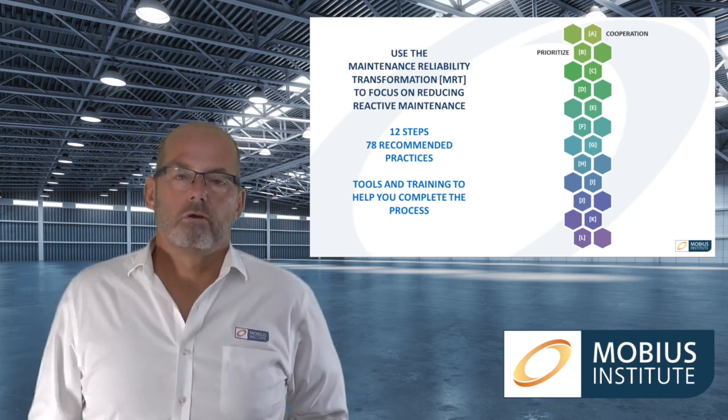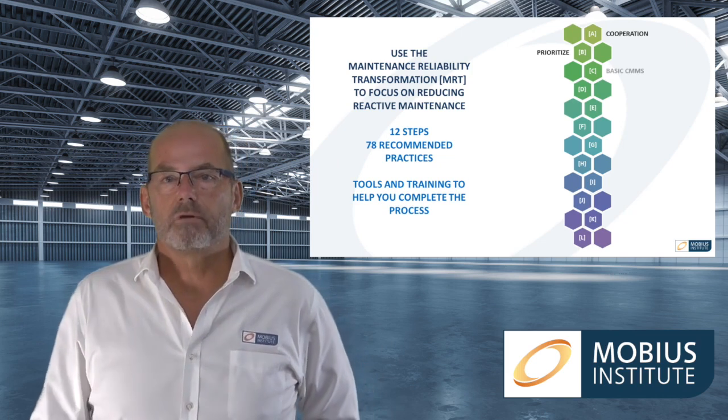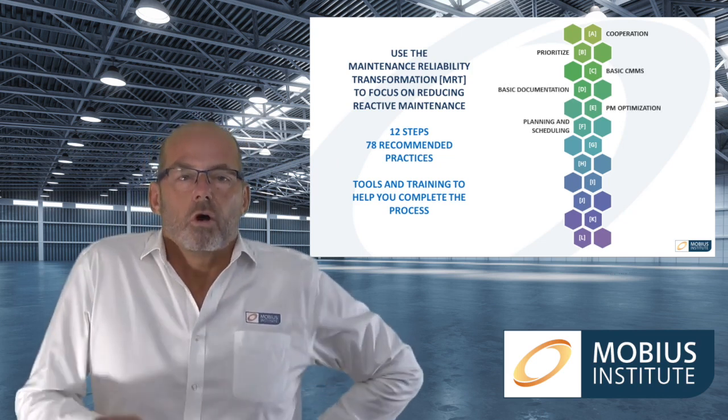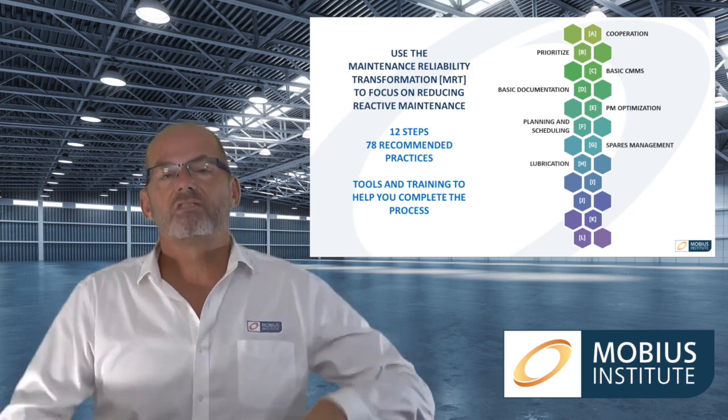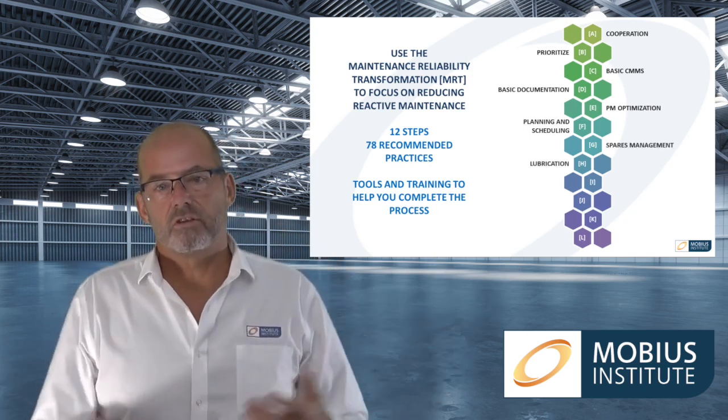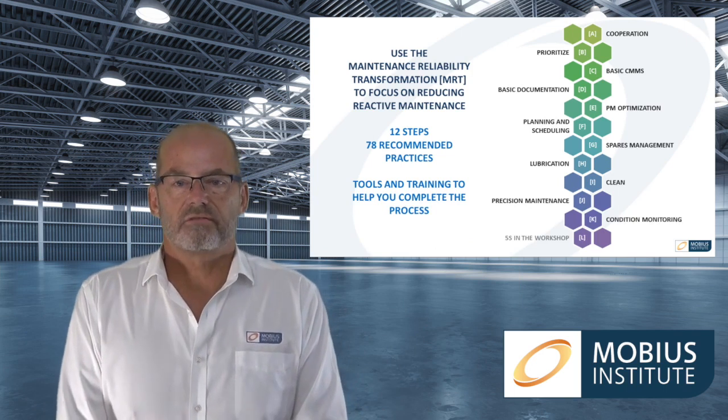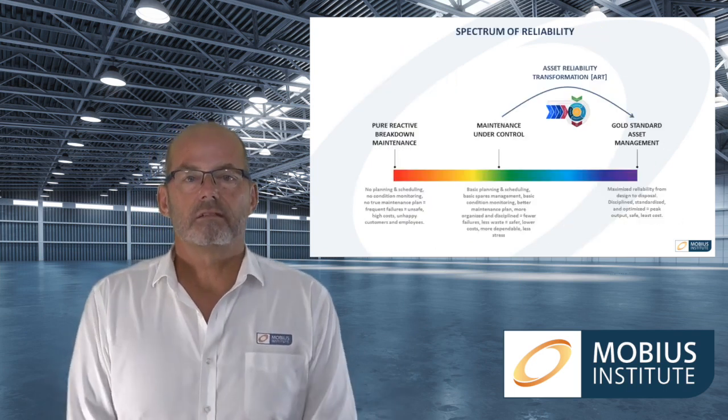Anyway, I won't go through. I've got another video that explains the process, but all of these are the 12 steps out of the 65 steps that are in ART, just focused on reactive maintenance.